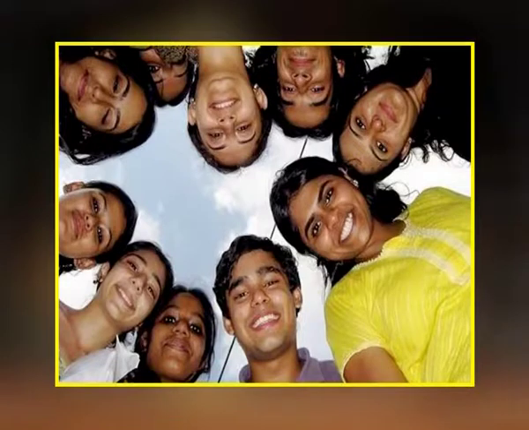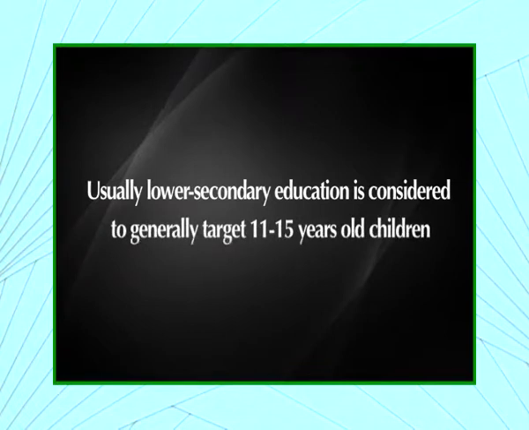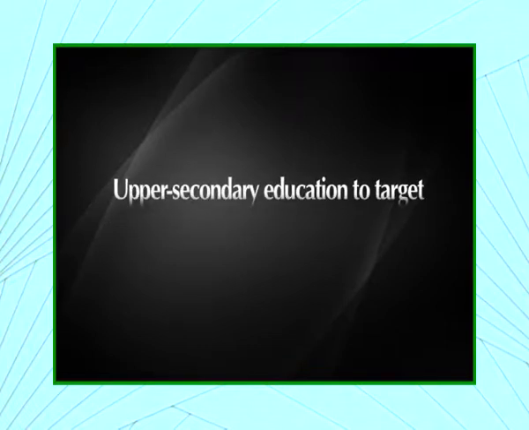Secondary education is informally regarded as the education children receive during their teenage years, although the average ages of entrance and exit vary considerably among various nations. Usually, lower secondary education is considered to generally target 11 to 15 years old children and upper secondary education to target 15 to 19 years old.